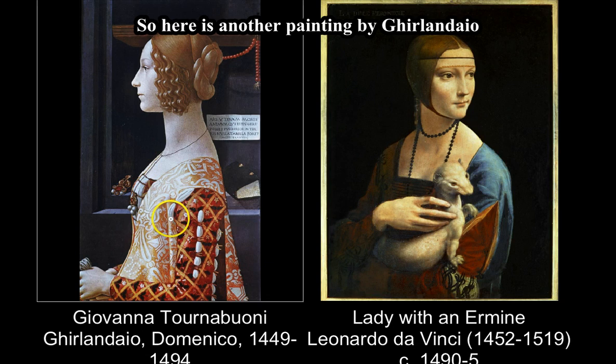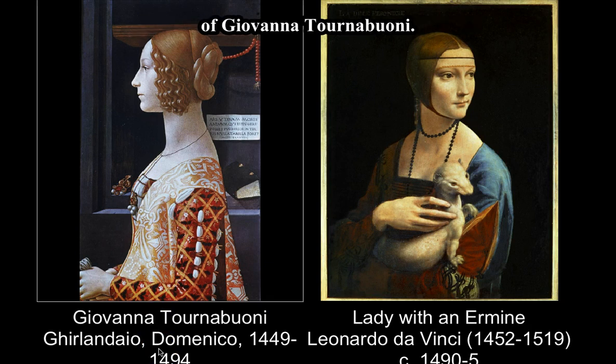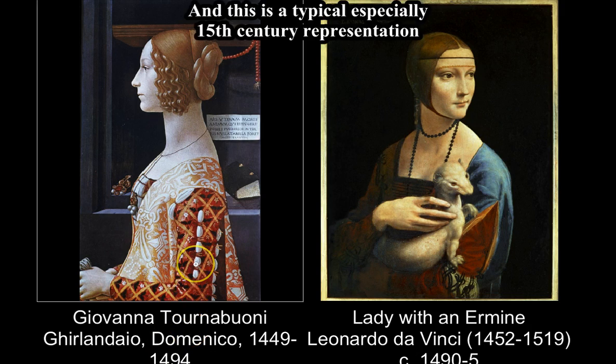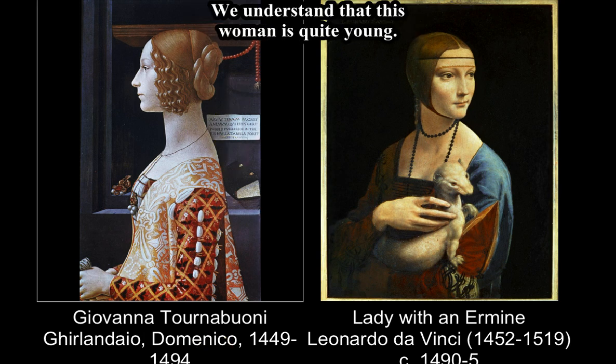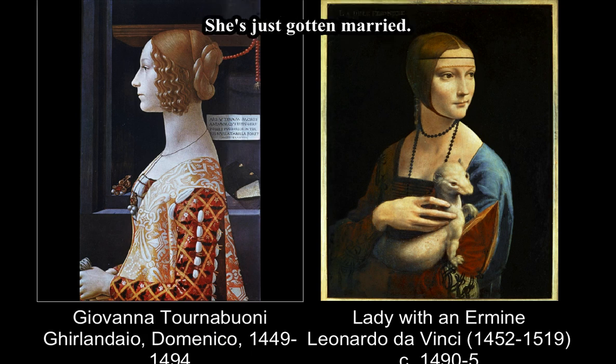So here is another painting by Ghirlandaio of Giovanna Tornabuoni. And this is a typical, especially 15th century representation of a married woman. We understand that this woman is quite young. She's just gotten married. She's shown strictly in profile.